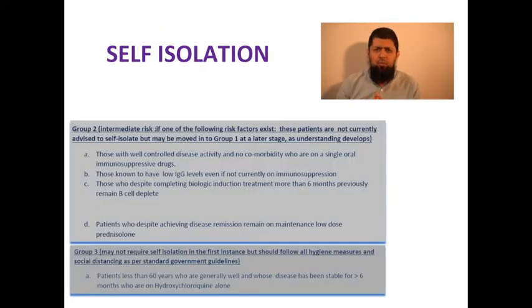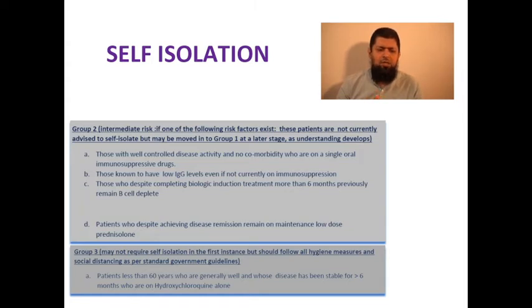For group 2, which is intermediate risk: those with well-controlled disease activity and no comorbidity who are on a single oral immunosuppressive drug, those known to have low IgG levels, even if not currently on immunosuppression, and those who, despite complete biological induction treatment more than 6 months previously, remain B-cell depleted.